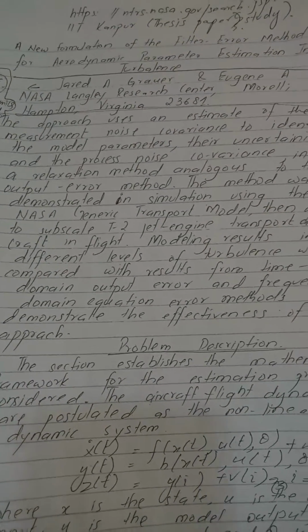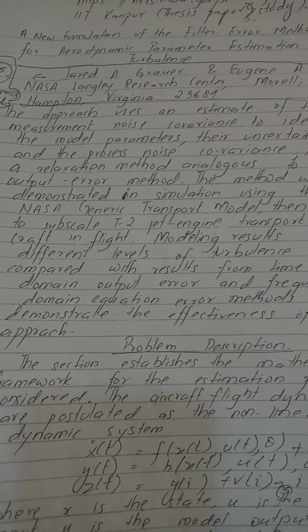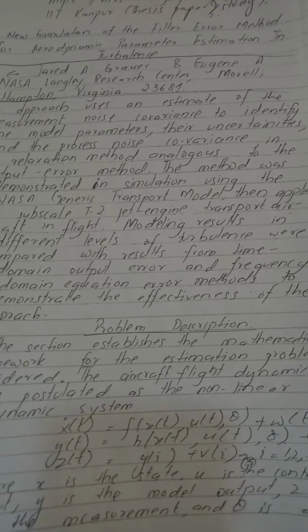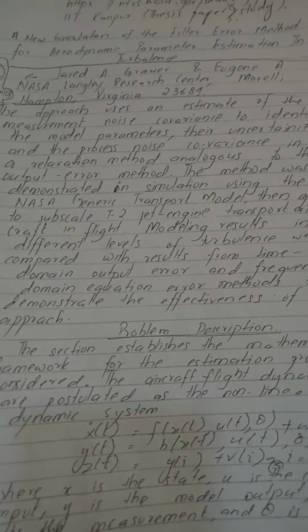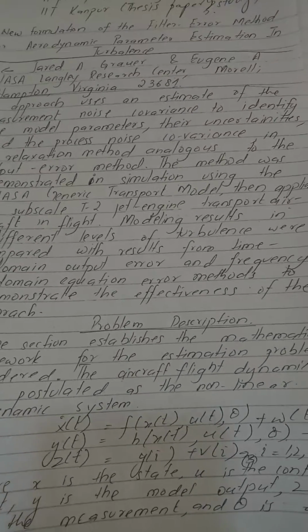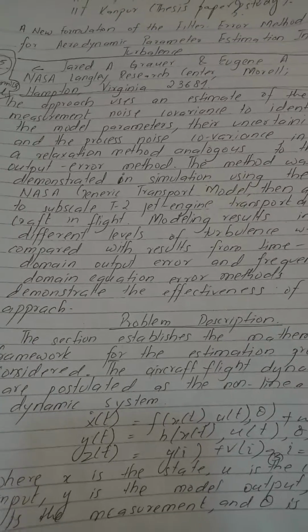The approach uses an estimate of the measurement noise covariance to identify the model parameters, their uncertainties, and the process noise covariance in a relaxation method analogous to the output error method.